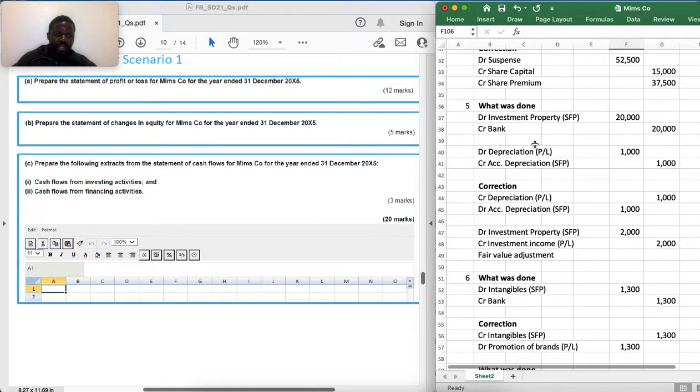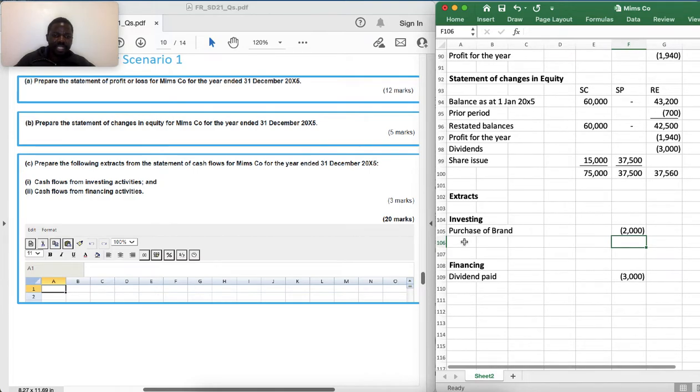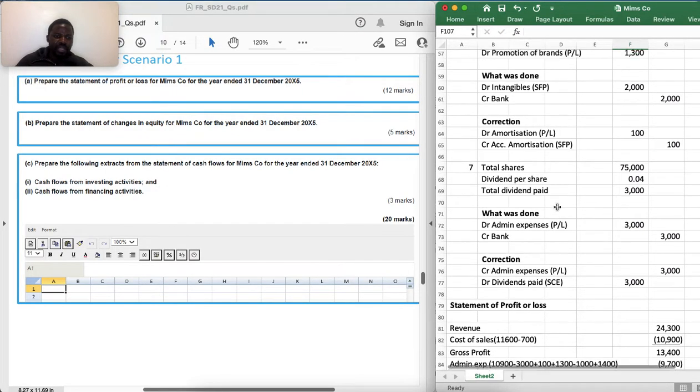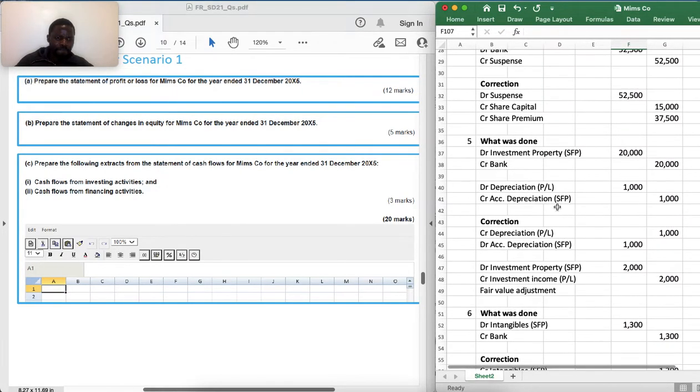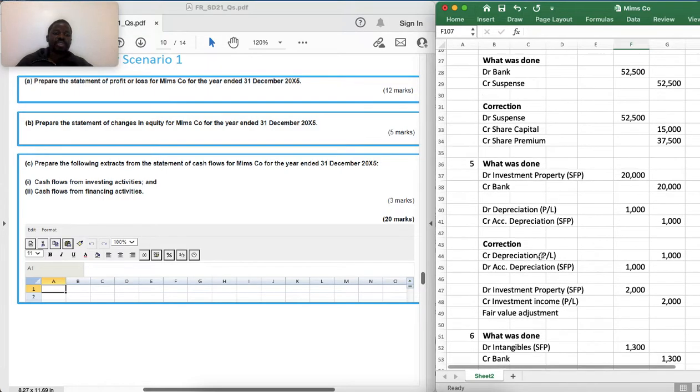Let's go up. We also have got bank. We purchased the investment property of 20,000. So this is an investing. So purchase of investment property, we said it was 20,000. Let's go again on top. We have got a bank here of 52,500. This was the issue of shares.